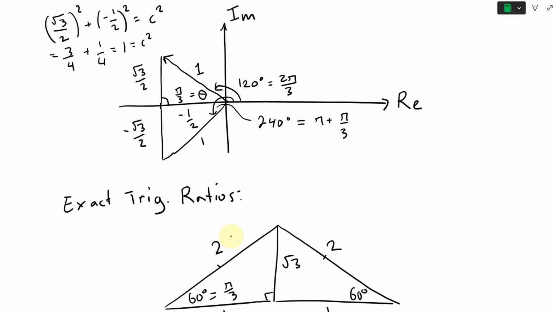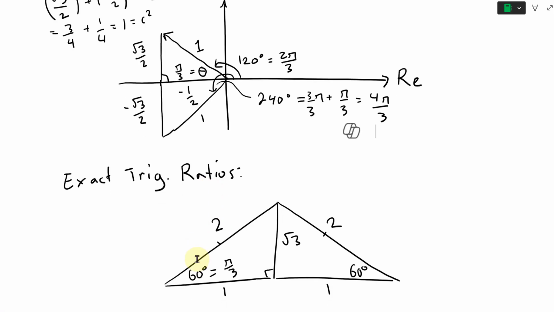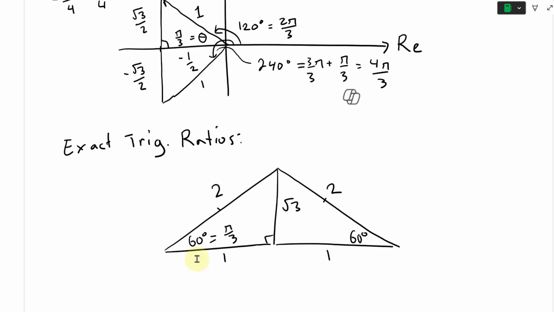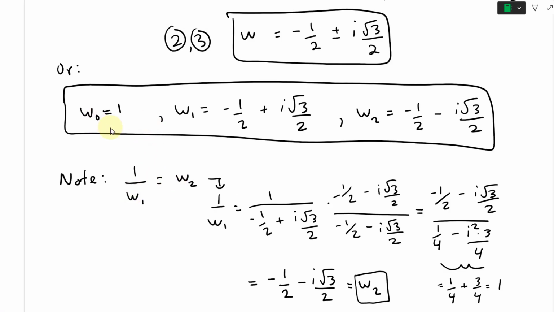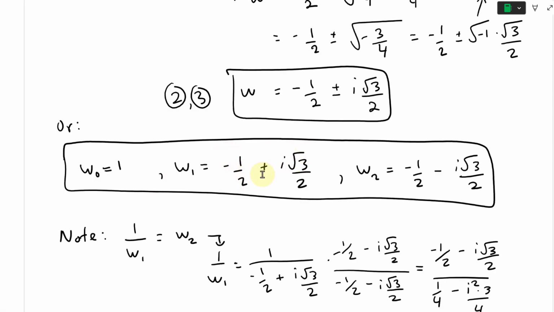So times by 3 over 3, it's going to be equal to 4 pi over 3. Yeah, so anyways, that's the angles. Again, I just wanted to go over the complex numbers to illustrate it. So basically the solutions are equal to 1, or a rotation of 120 degrees, or 240 degrees in the complex plane.